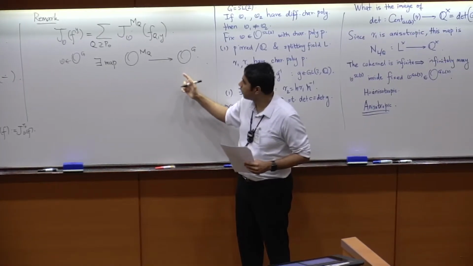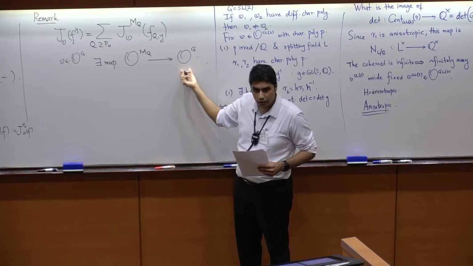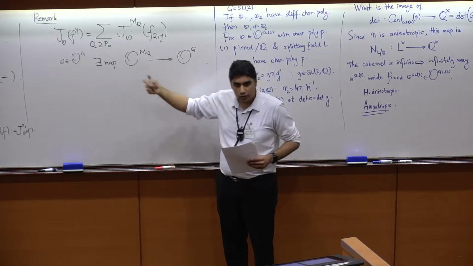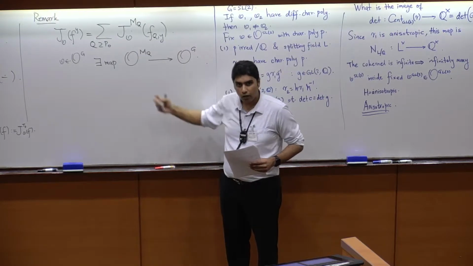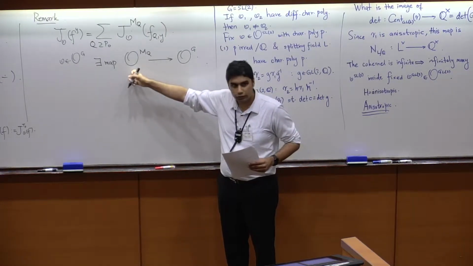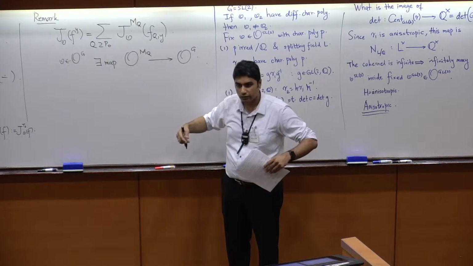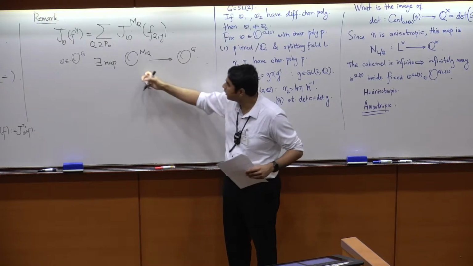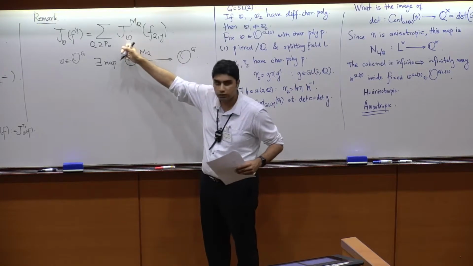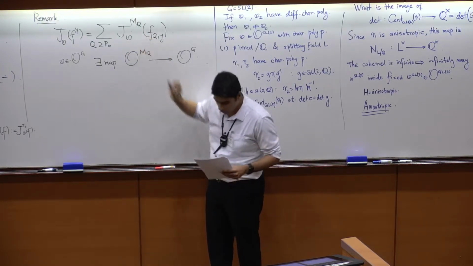So what is this map? Take an Arthur conjugacy class in G, cut it out with MQ, that gives an Arthur conjugacy class inside MQ. On the other hand, if you take a conjugacy class here, pull it to the front and complete it, then that gives you a conjugacy class here. Okay? Are you following? And then this makes sense. This is well defined as a class in MQ. And then this formula holds.